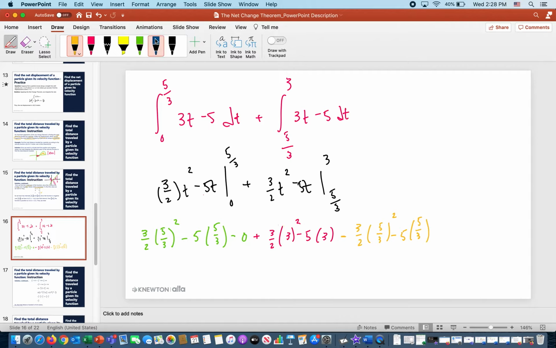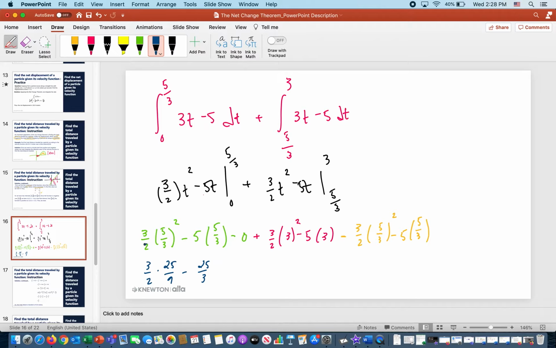Remember, any values that fall below the x-axis, I've got to make positive. So I'm going to have 3 halves times 25 over 9 minus 25 over 3. I could adjust this by changing this 3 right here, but I'm going to hold off just to make sure that I have all my numbers correct.